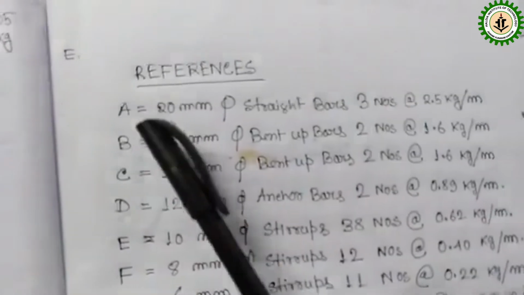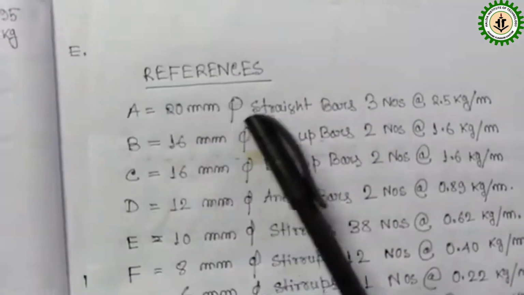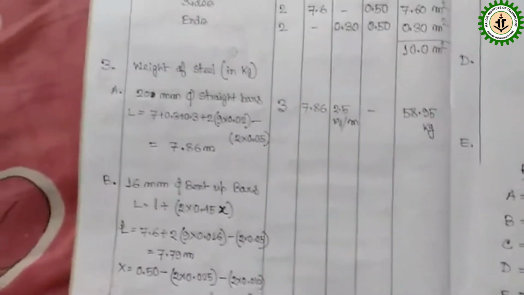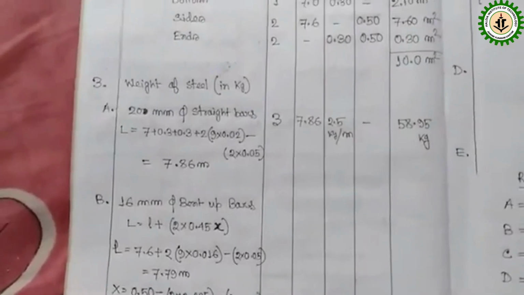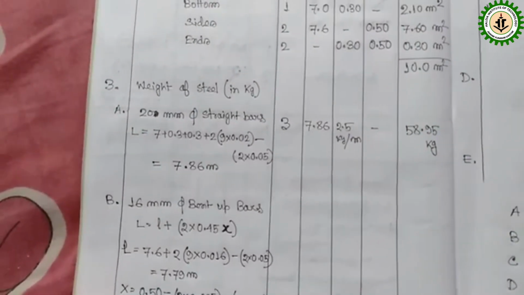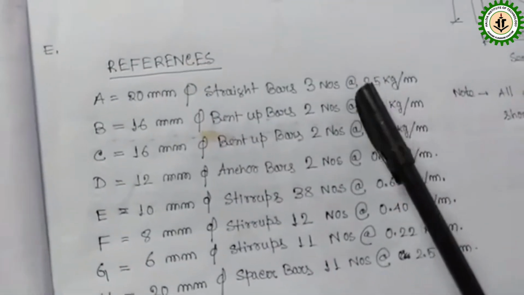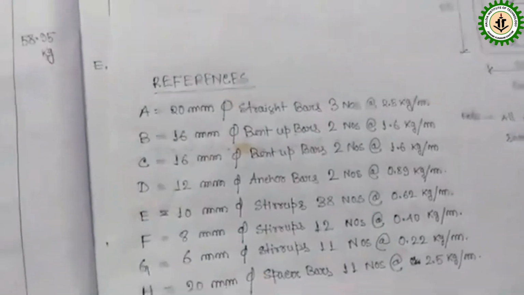From here you can check the number of type A bar 20 mm diameter straight bars is 3, so we have to take 3 as the number. Also the per meter weight is given, that is unit weight, 2.5 kg per meter.